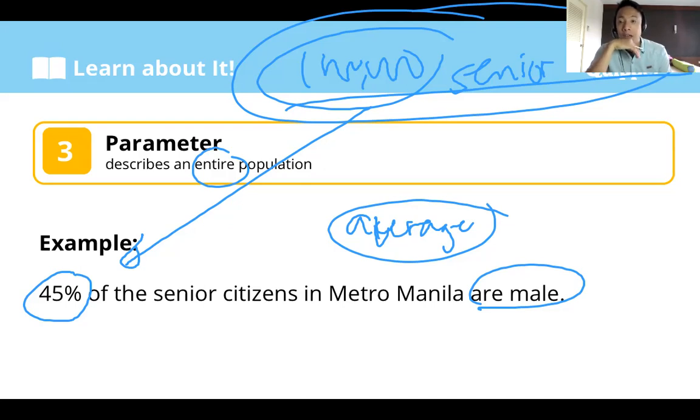But here, the only example is male and female. So the entire senior citizen, of course, we have a male and female. What if your research is about, maybe, hair? Di ba? Pwede yung i-research about hair. Is it long or short? Something like that. Okay?